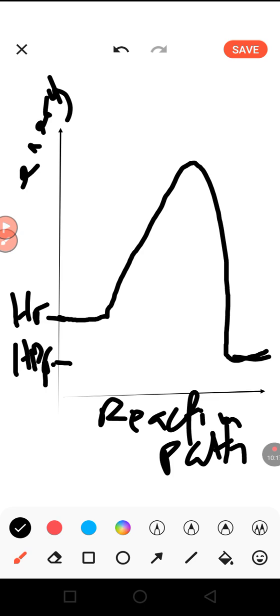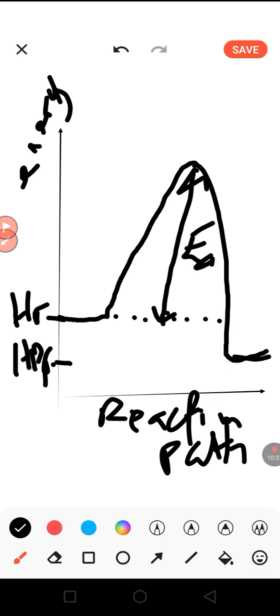Between this peak and the line of reactant is our activation energy, which is often represented with EA, capital letter E and small letter A. That's activation energy.